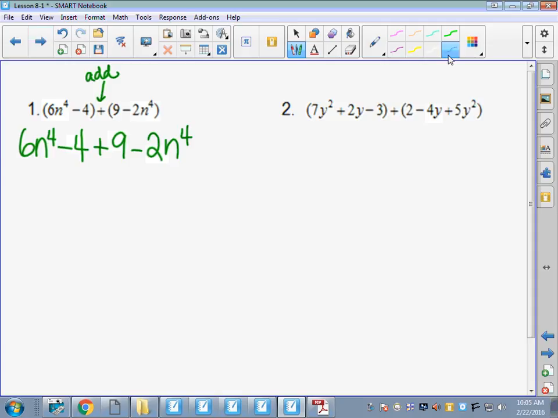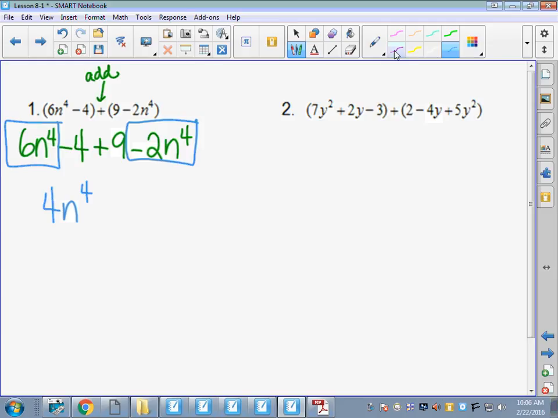When I do this, I usually box stuff. My highest power of n is n to the 4th. Notice I've got a 6n to the 4th, and don't forget the sign, negative 2n to the 4th. When I combine those, I do the number math, and I keep the n to the 4th the same. So 6 plus a negative 2 will be 4n to the 4th. Notice I'm sneakily putting my standard form in there because that's my highest power and only power of n.